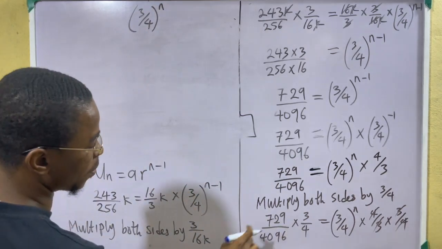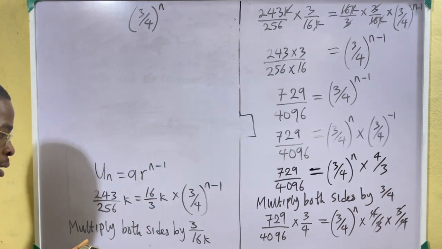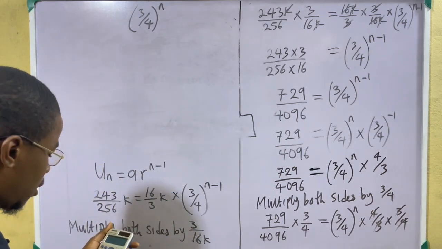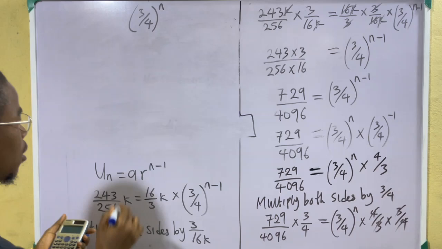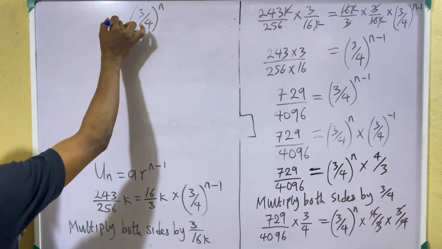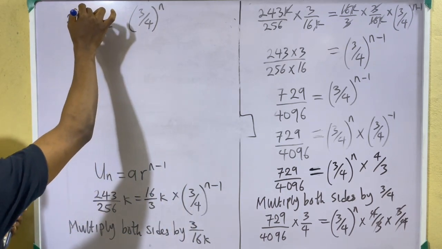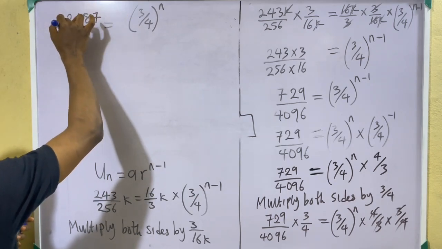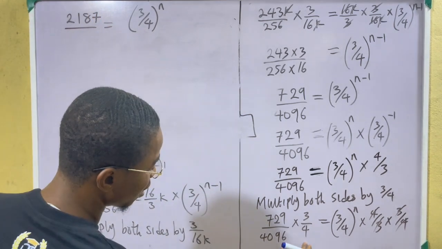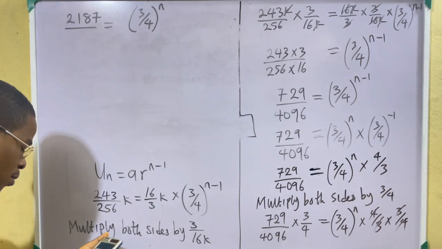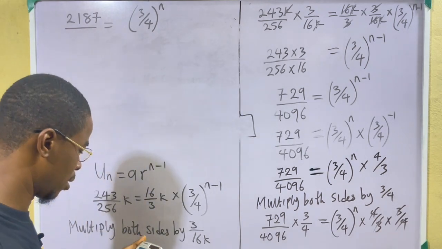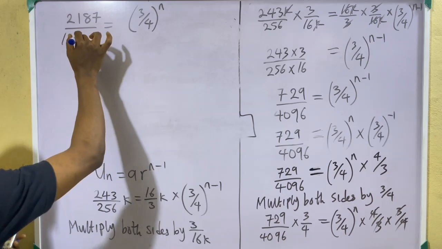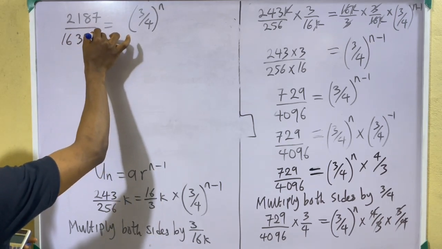And on this side, let's multiply and see what we have there. 2187 all over, let's multiply the denominators here, 4096 times 4, 16,384.